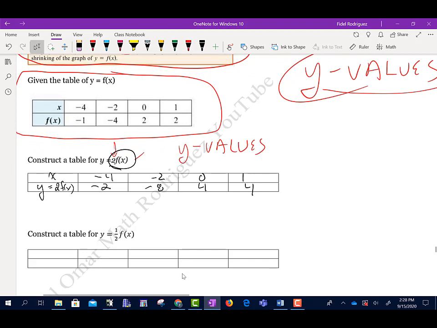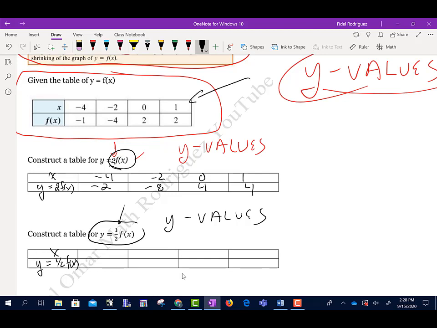All right. Same thing over here. Notice the 1/2 is on the f. So it's on the outside, right? That means, again, I am changing only my y values. So this is going to be x, and this is going to be y equals 1/2 f of x. My x values from here are going to stay the same: -4, -2, 0, and 1.